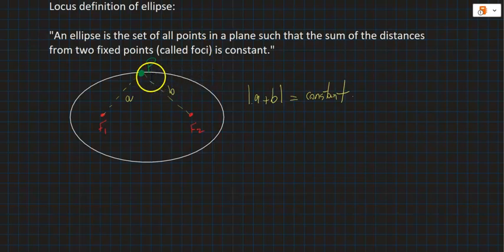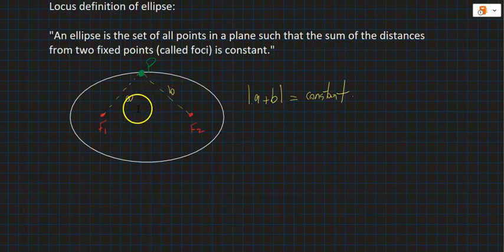If this point moves around F1 and F2 in such a way that the distances between F1 and P and between F2 and P, which I call A and B, when you add them, always remain constant.